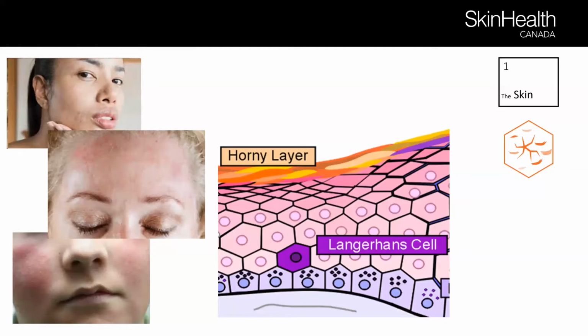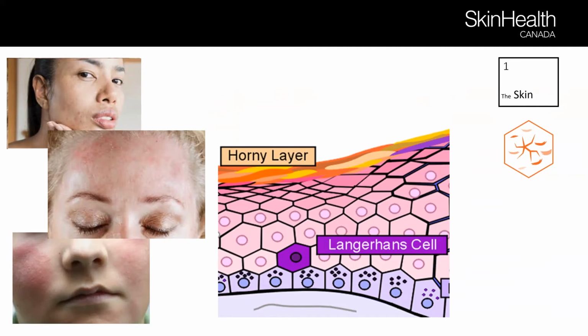So when we have a compromised barrier function, so we're looking at the horny layer outside of the skin, also called the stratum corneum, we're looking at exacerbated epidermal water loss, which means that we're losing a lot of hydration out into the atmosphere, out into the outside. And that causes the skin function to slow and starts to cause the skin to not function properly, which then compounds some other issues.